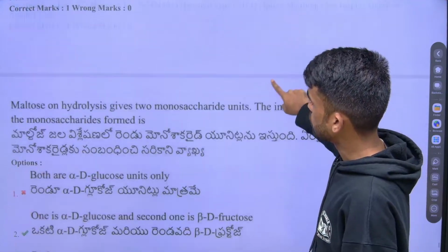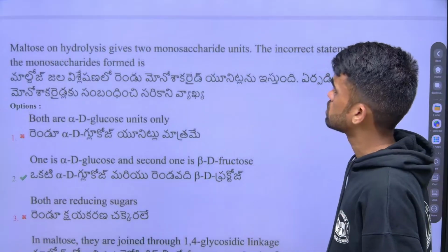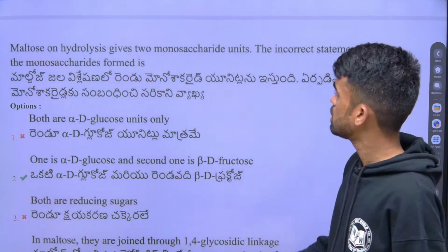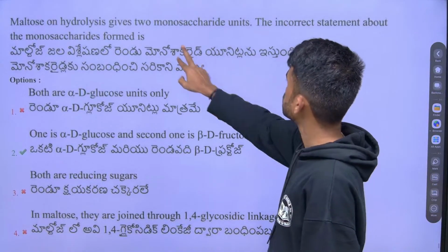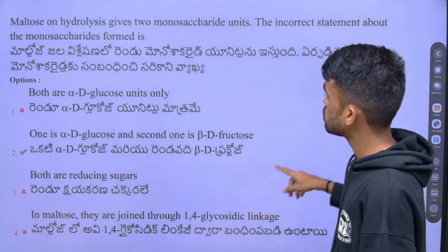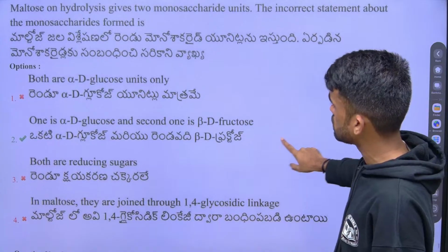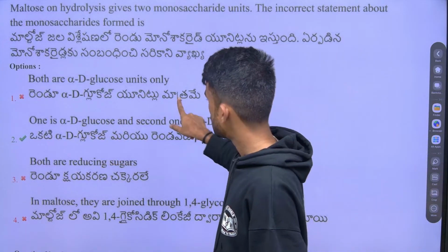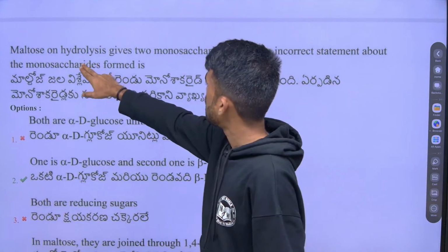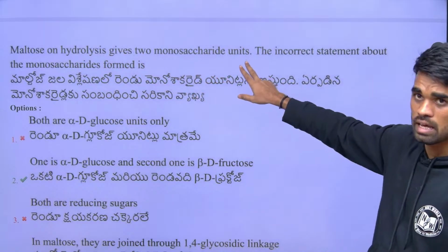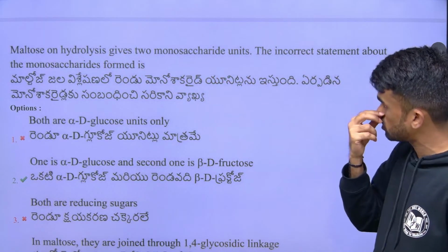Next, 153. Maltose is a disaccharide, so what is it made up of? It gives 2 monosaccharides, glucose units. Maltose on hydrolysis gives 2 monomers, yes, correct. Which is incorrect about monosaccharides?